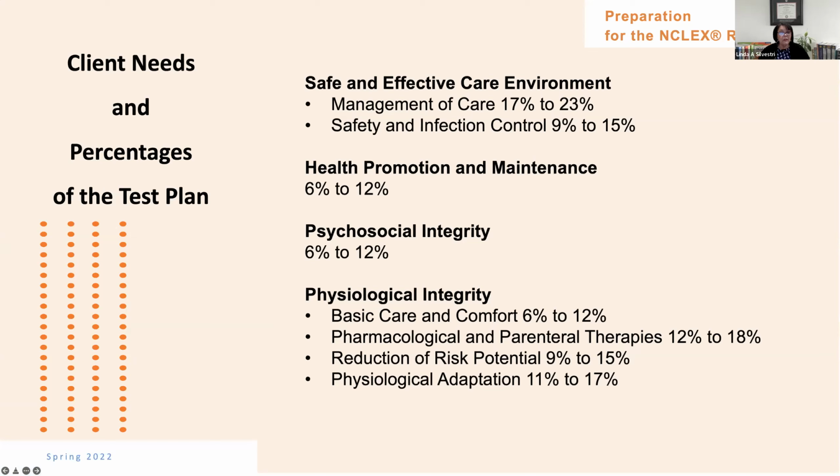What we want to point out here, and we'll talk about more specifics in a moment, is that your physiological integrity section, which is your basic care and comfort needs, pharmacology and parenteral therapies, reduction of risk potential, and physiological adaptation, and again, we'll talk about these, is the biggest, largest component of your NCLEX exam. This will be the largest component. That is why med-surg concepts are priority for this examination.